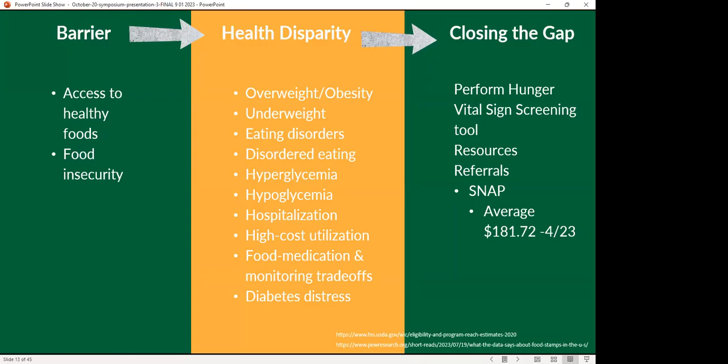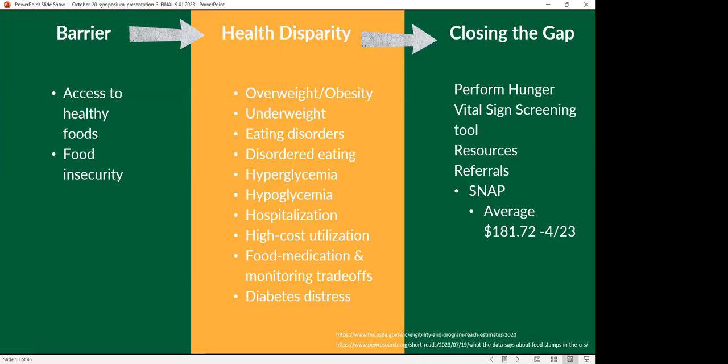For individuals, the food stamp average, just to give you some statistics, as of April of 2023 per person was $343 per household. Now, this is not the national level because it changes based on what state you live in.